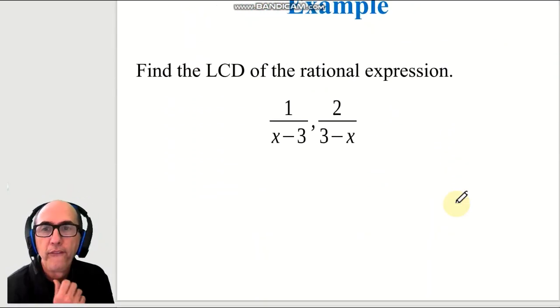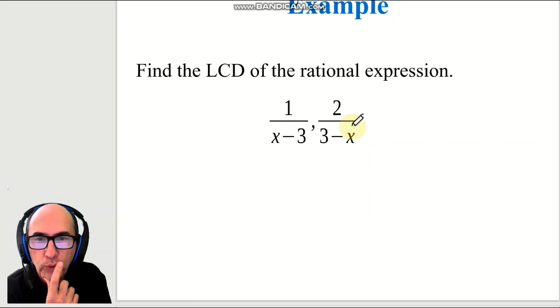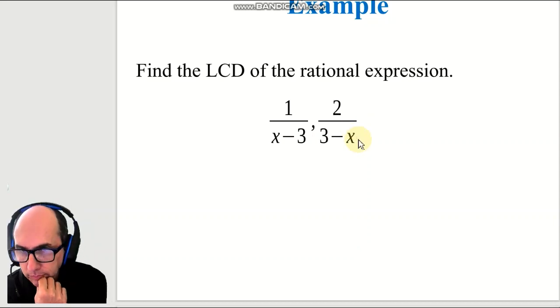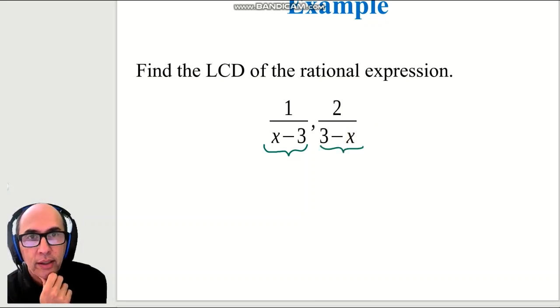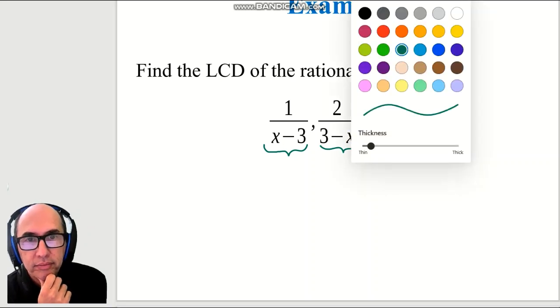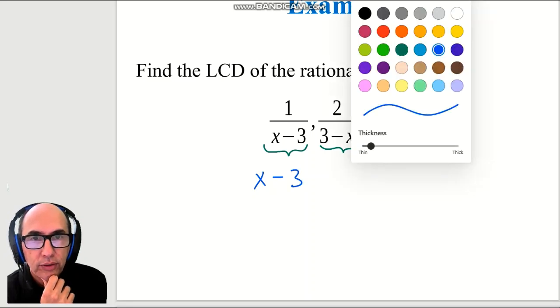And that's a tricky one. Look, find the least common denominator of the rational expressions 1 over x minus 3, 2 over 3 minus x. We don't have actually anything to factor out, but we can factor out -1, only on the one on the right.